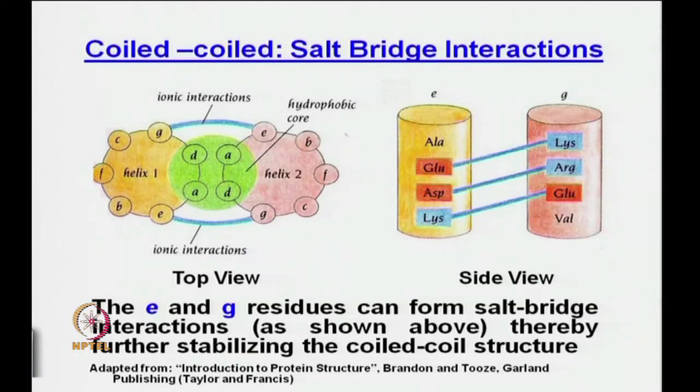However, you have also other amino acids which are not necessarily hydrophobic, but hydrophilic. So, you will have ionic interactions, which are essentially salt bridges between G and E, E and G of these two helices, and that is what you also see in the next panel, which is a side view. This one is the top view, and this one you are looking at from the side. The E and G residues can form salt bridge interactions, as has been shown above, thereby further stabilizing the coiled coil structure.